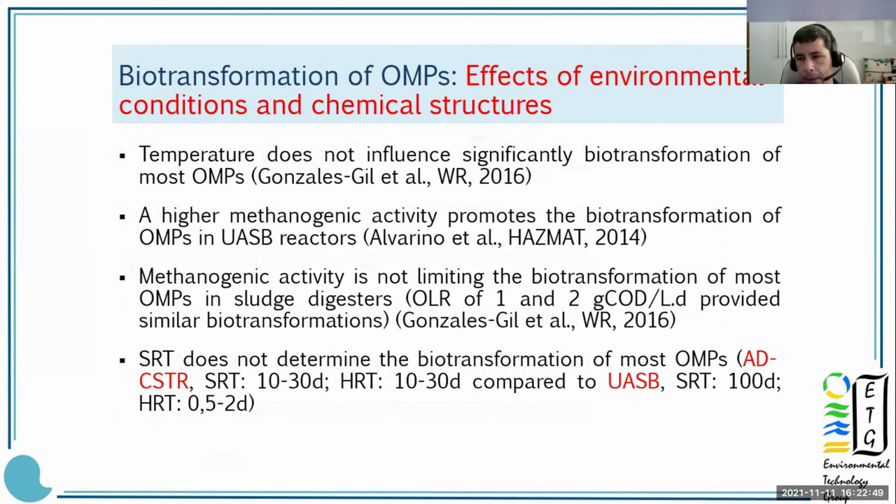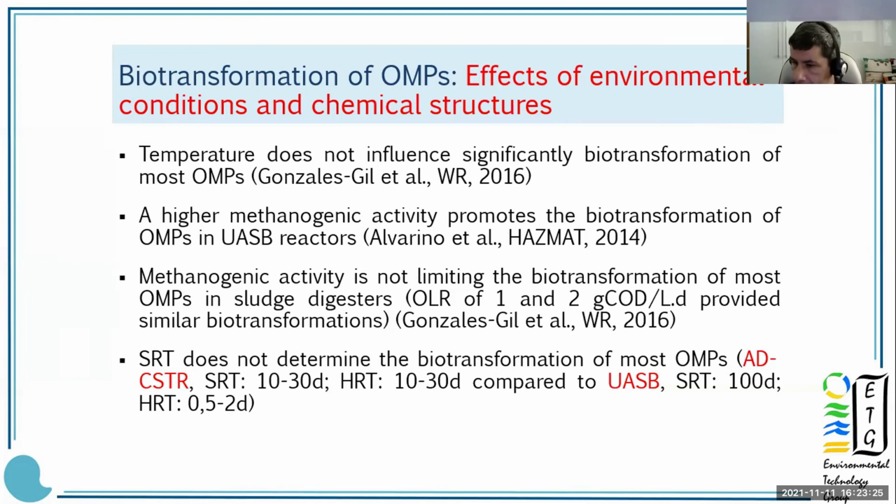So the research has shown that temperature was not causing any difference in terms of kinetics or removal. The methanogenic activity in sewage treatment in UASB reactors seems to improve removal: the higher the methanogenic activity, the higher the removal of OMPs. On the other hand, the methanogenic activity in anaerobic digesters treating sludge did not show any difference in micropollutant removal.